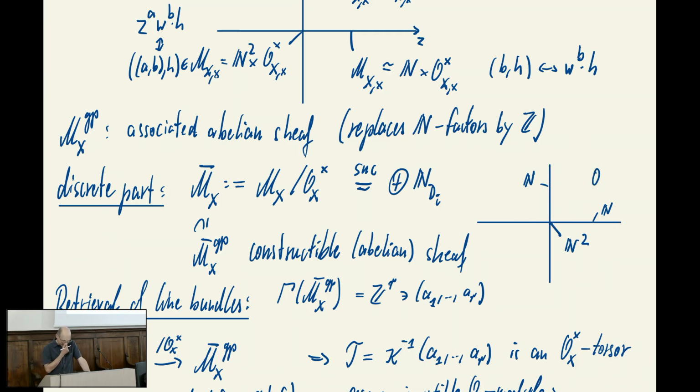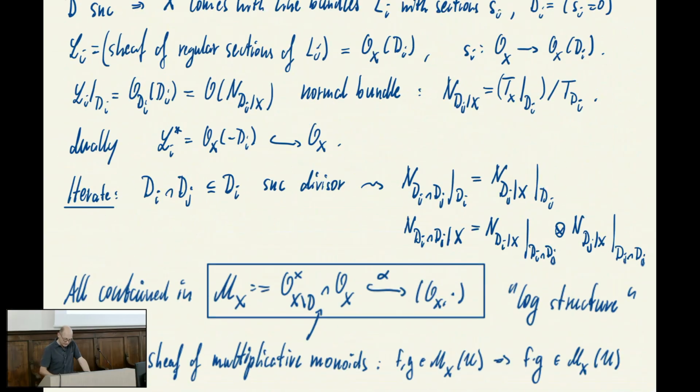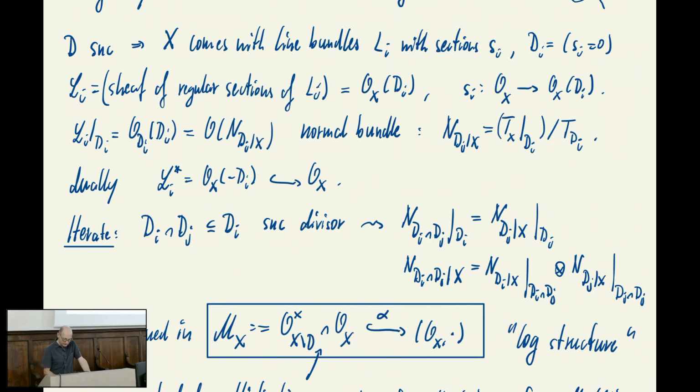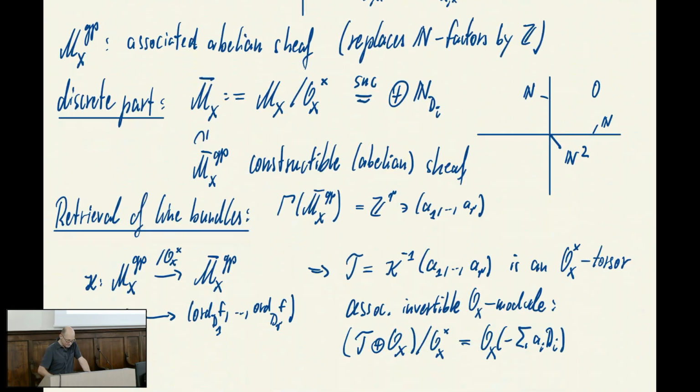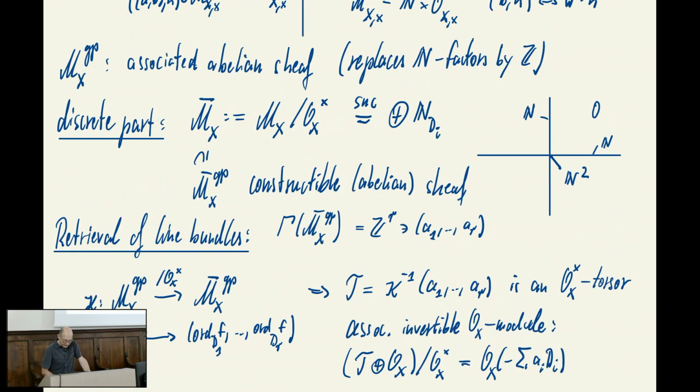That's a constructible sheaf. How do we get these line bundles that I mentioned earlier, this O_X(D_i), or maybe the O_X(-D_i)? The global sections in the simple normal crossings case is just the Z^r of the M_X bar group, which gives you these vanishing orders along the divisors D_1 to D_r.